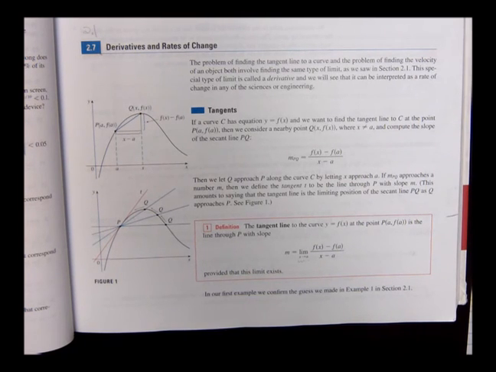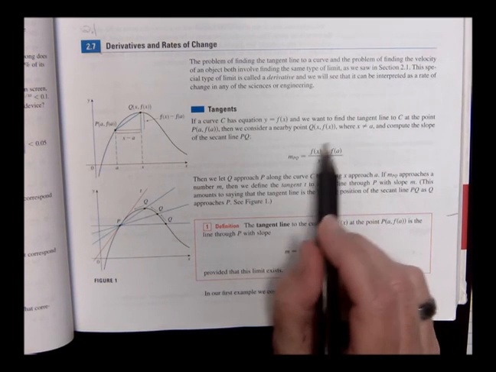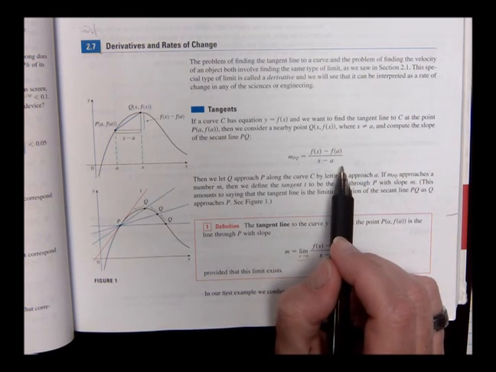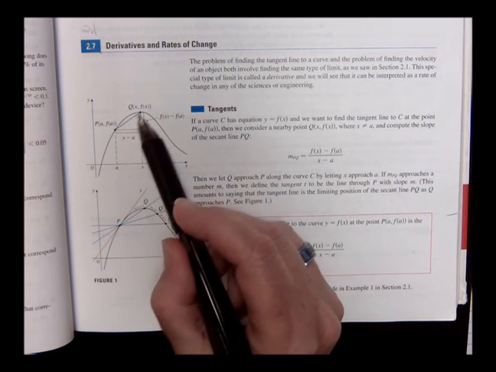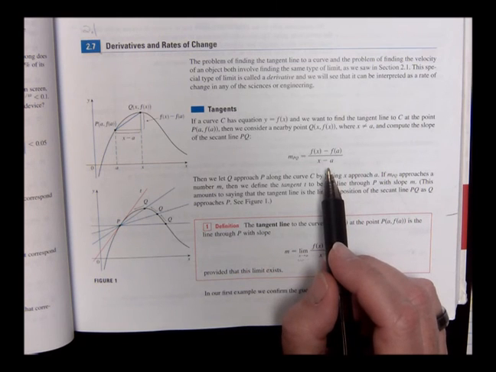Tangents, we already looked at, is finding the slope. Here's the slope formula, y sub 2 minus y sub 1 over x sub 2 minus x sub 1, that we learned in high school. And then here we have our secant line, and we're developing our slope to find out how steep it is or what our rate of change is.